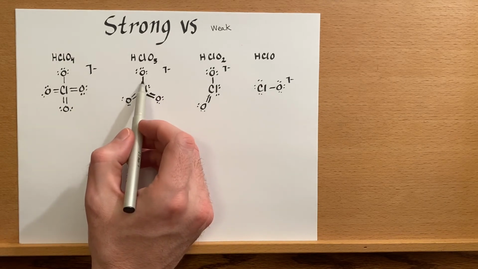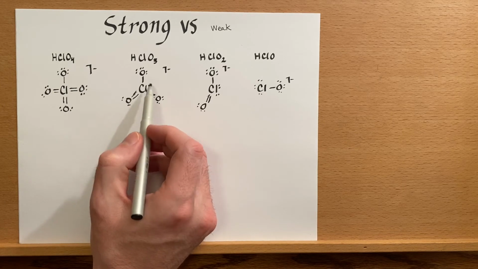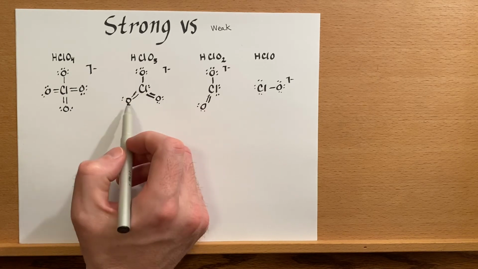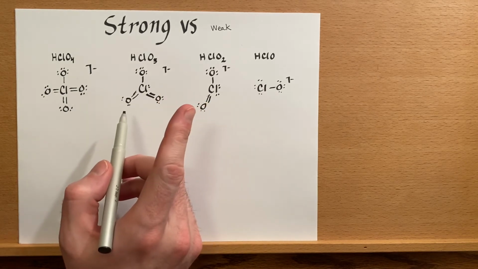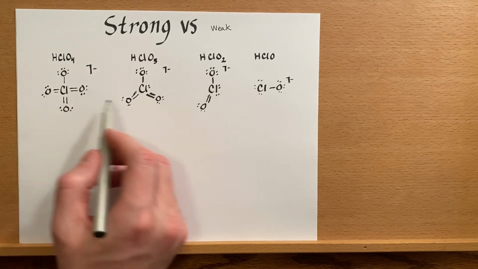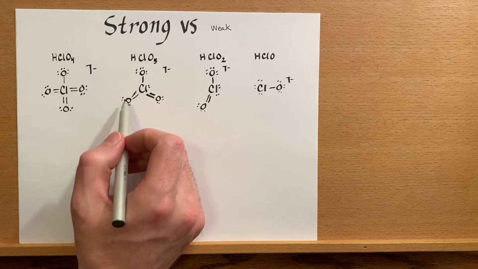So in this case, we're still able to draw some resonance structures. We could put the negative charge either here, here, or here. But there's one less place that we can put it. Whereas over here we have 4 places to put it. Now the charge is becoming a little bit more concentrated on these oxygens.